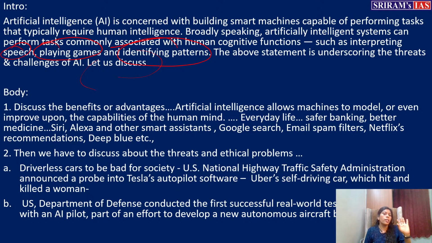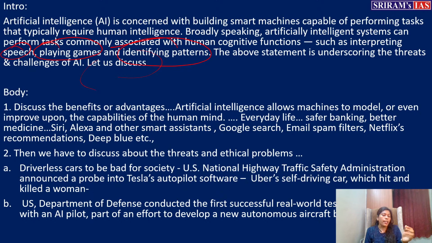First, step one, step two. In step one you will be giving the benefits or advantages resulting from artificial intelligence innovations. What are the benefits you are going to reap? Starting from assistance, everyday life is made easier, like safe banking, better medicines, telemedicine, guidance from the AI only.